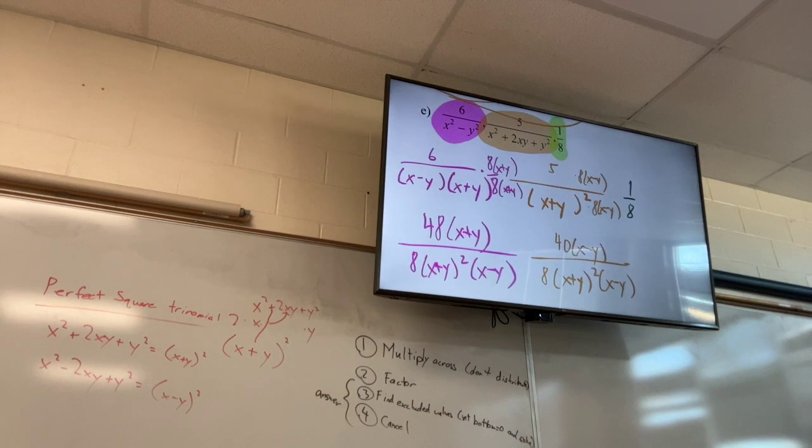And then what's the green denominator missing that the others have? It's missing this x minus y that's over here, and it's missing the x plus y squared. So we need to multiply the top and bottom by a lot. We have to multiply it by x plus y squared and x minus y.